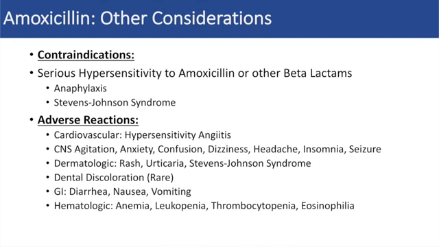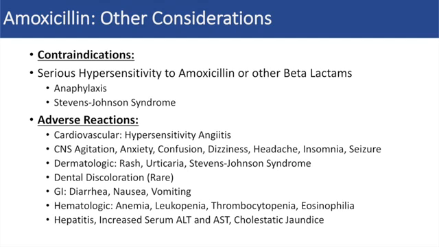It can cause hematologic issues such as anemia, leukopenia, thrombocytopenia, or eosinophilia, an increase in eosinophil count. And it can cause hepatitis, increased serum ALT and AST, or cholestatic jaundice. And as we mentioned previously, it can cause anaphylaxis. But a lot of these adverse reactions are quite rare and usually are not an issue.